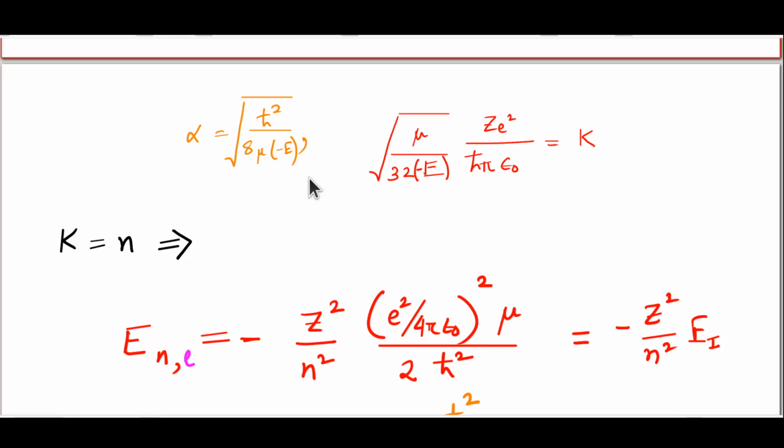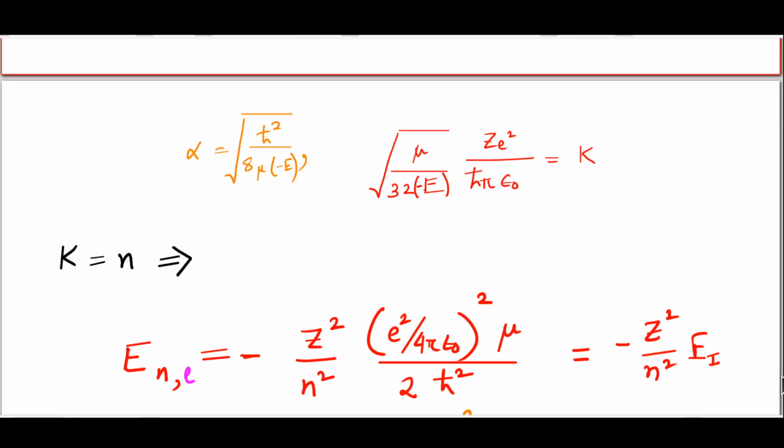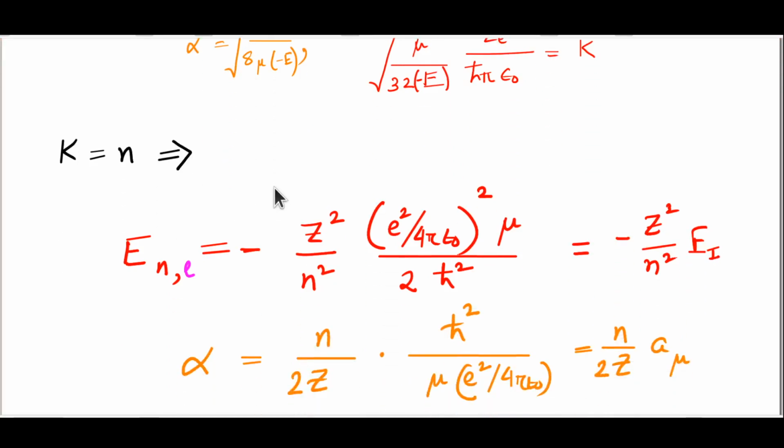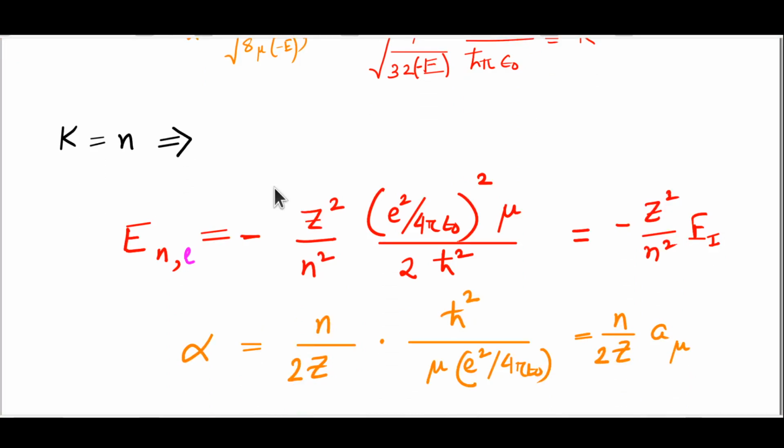It is of course also interesting to rewrite the other quantity up here, that is the dimensional constant alpha, in terms of more familiar constants. So this is what it turns out to be. Alpha turns out to be n by 2Z times h cross squared by mu times e squared by 4 pi epsilon 0, and this combination, h cross squared by mu e squared by 4 pi epsilon 0, is called a_mu, the first Bohr radius of the reduced problem in the hydrogen atom.